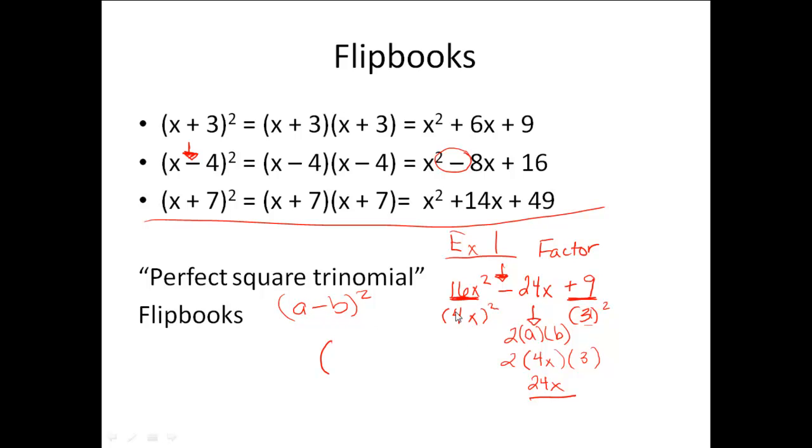The reason I'm using the minus is because I wanted it to be negative on that middle term. So I will have 4x, which is my a, minus 3 quantity squared. And that would be factored for our example 1. Now keep in mind, if you don't remember these shortcuts, you're still going to be able to factor it the regular way. It might just take a little longer.